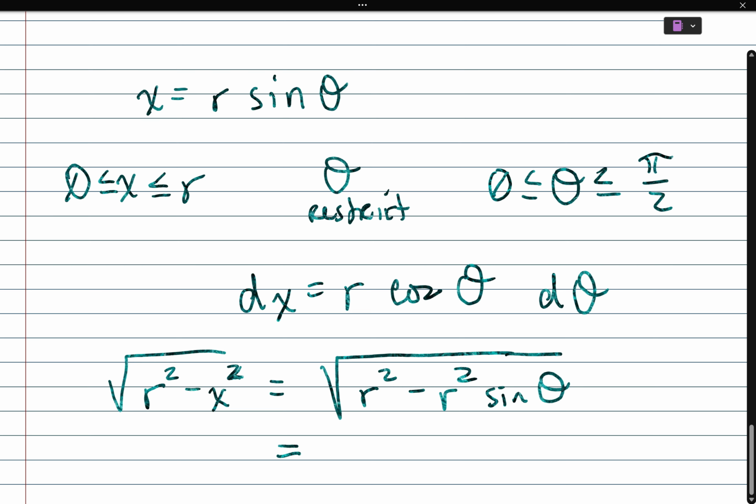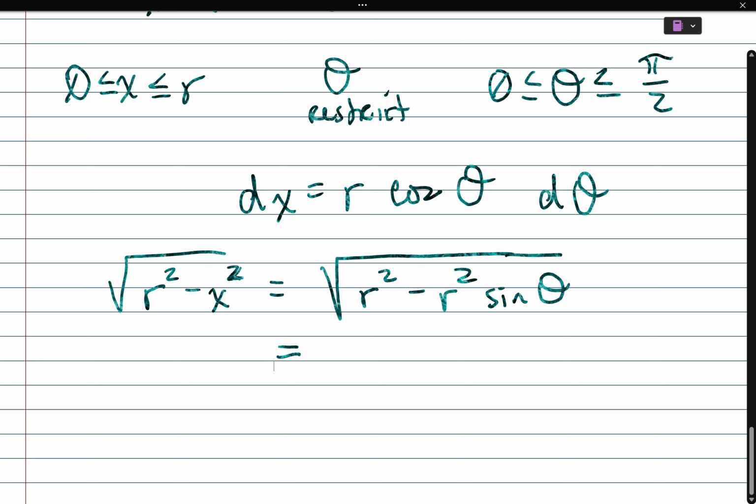And then in our next step, we can write r squared cosine squared theta instead of what we have before.